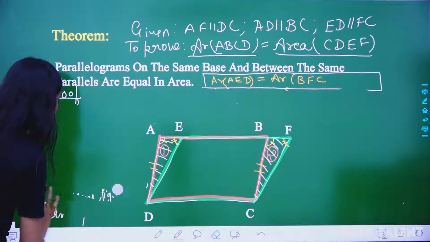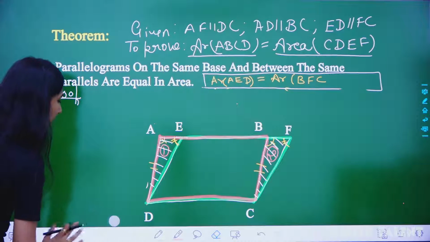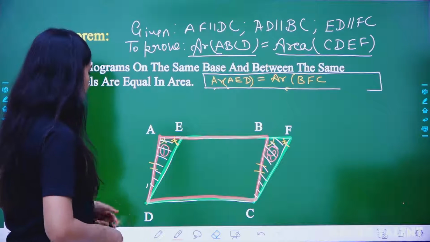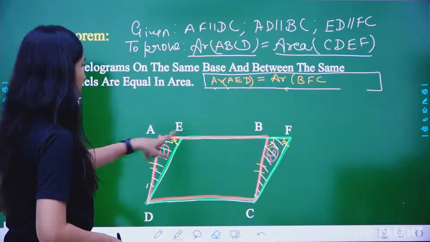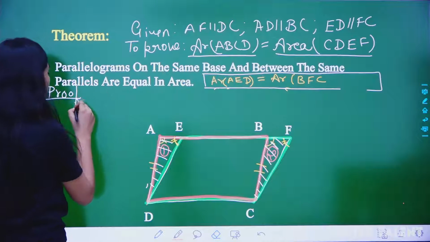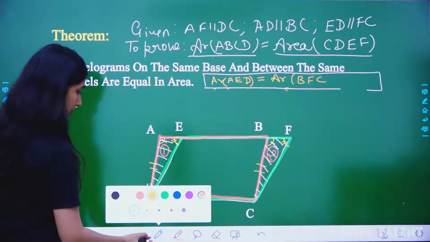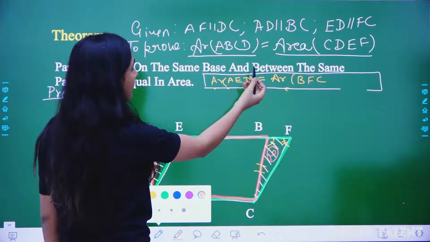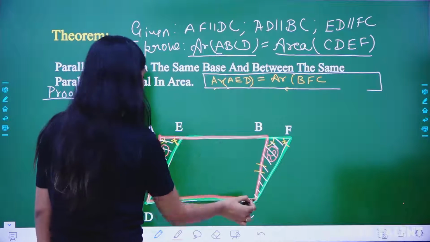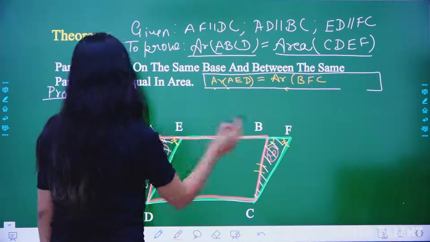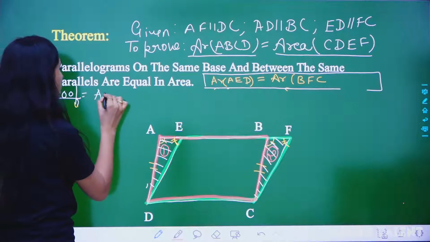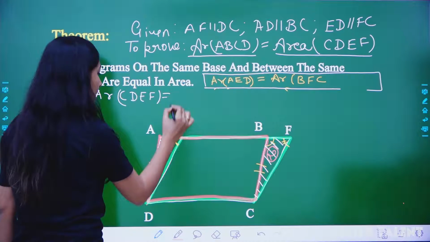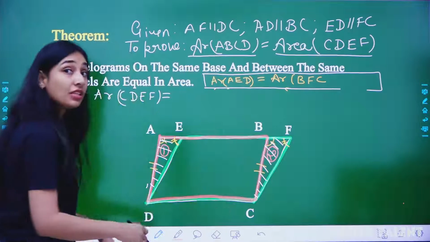Now we'll pick one of the parallelograms and prove it equal to the other one. Which one are you going to pick? Let's suppose we pick this ABCD, or you can say the second one, CDEF. This area CDEF is equal to what?